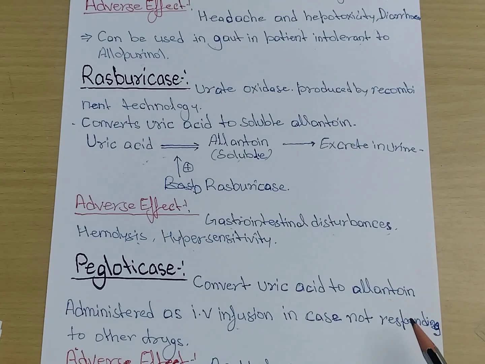Nucleic acid gets converted into purine, and purine gets converted into hypoxanthine, then xanthine, then uric acid.